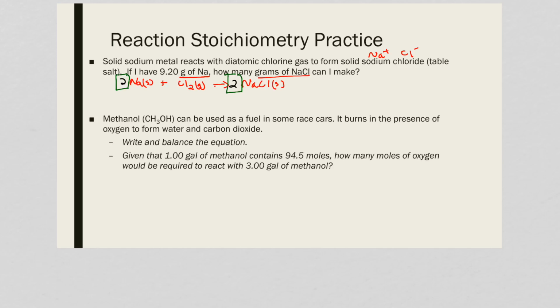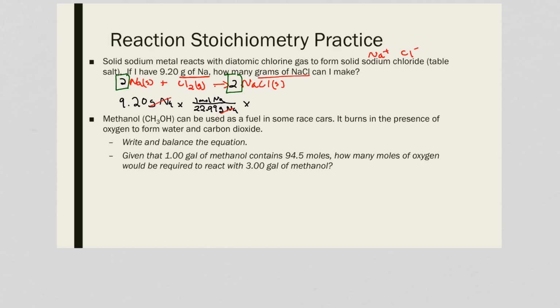So I'm going to start with my 9.20 grams of sodium, and I'm going to convert that into moles. Well, 1 mole of sodium, if I look on the periodic table, is 22.99 grams of sodium. So that's going to cancel out my grams of sodium.